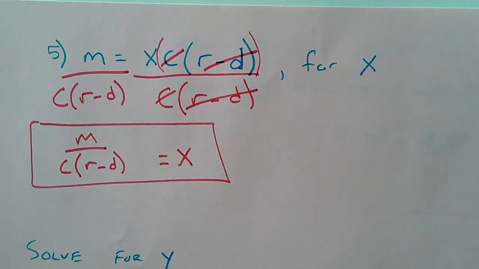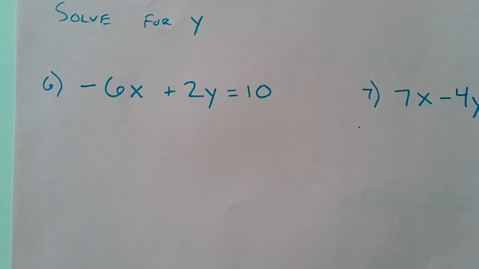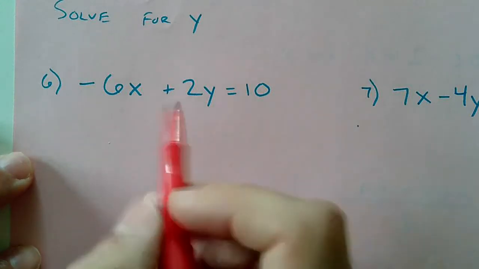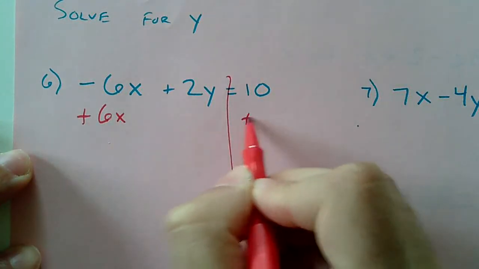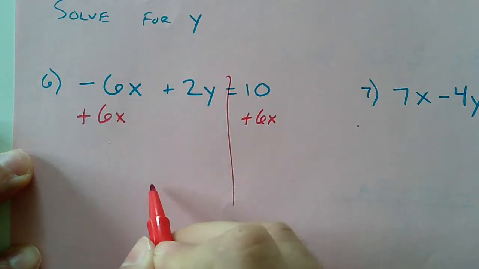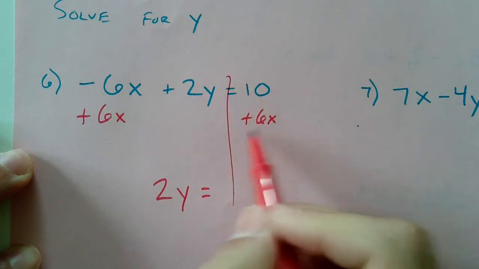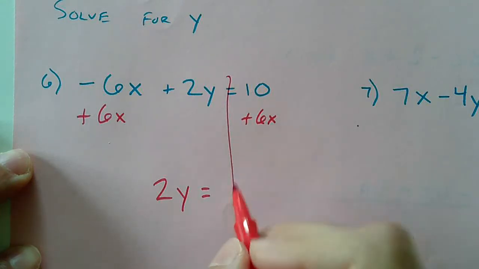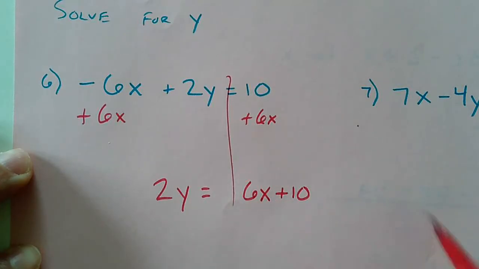The last ones we're going to look at, we'll hopefully try to get this done quickly. We're going to solve these equations for y. First step would be to add 6x on both sides. So that's going to give me 2y equals, now I can write 10 plus 6x. I like to have my variables first, so I'm going to write it as positive 6x plus 10. That would be the same thing.